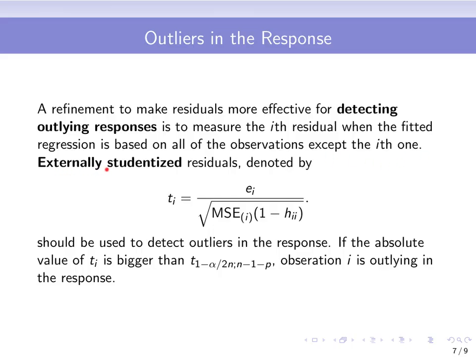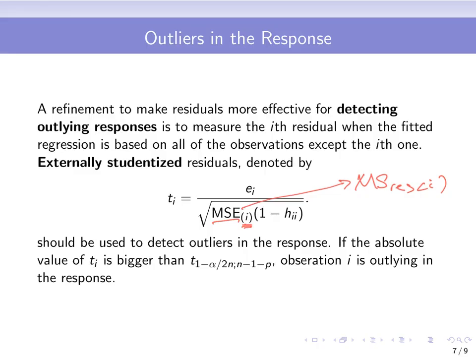So what we use are the externally studentized residuals given by this equation over here. MSE is another notation that a lot of people use for MS residual. The subscript i means it is the MS residual of the model without observation i in it. This takes into account the fact that the residuals don't have constant variance.